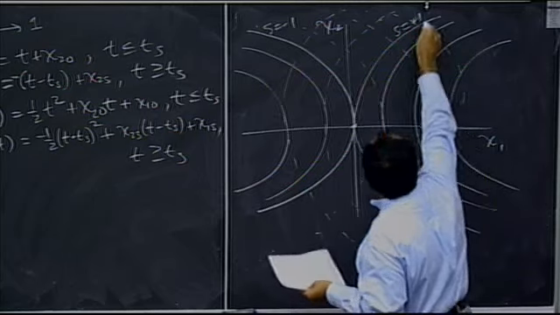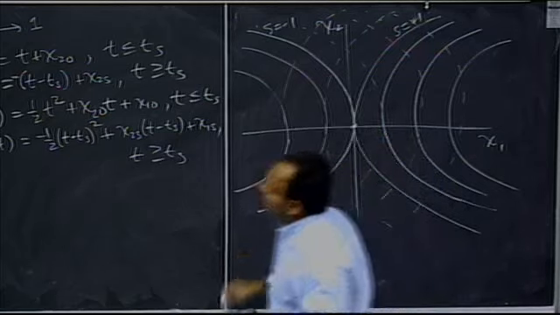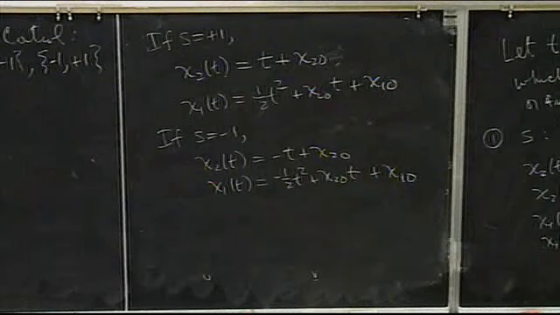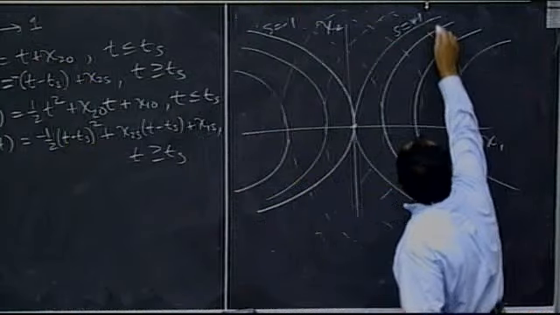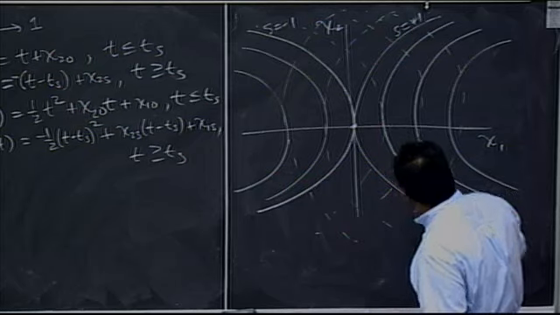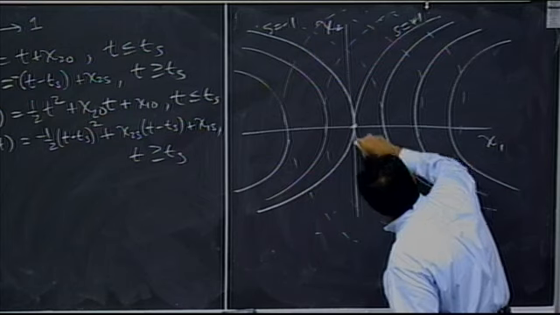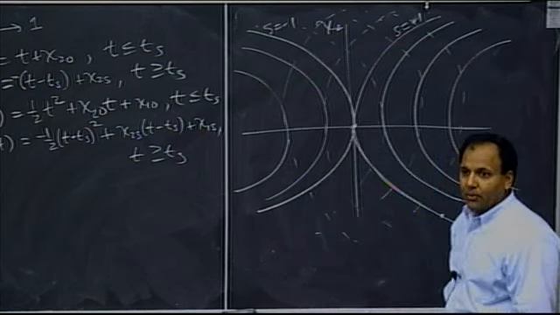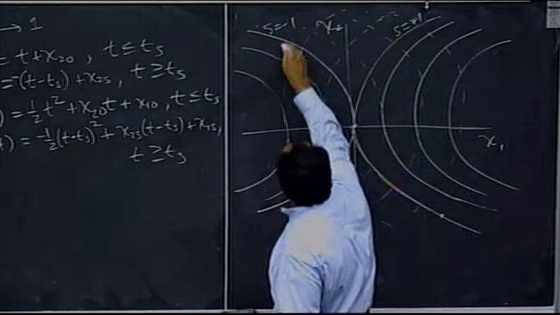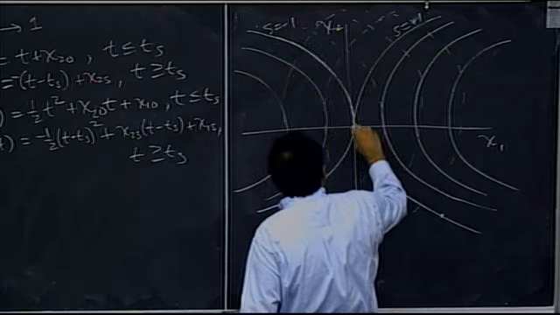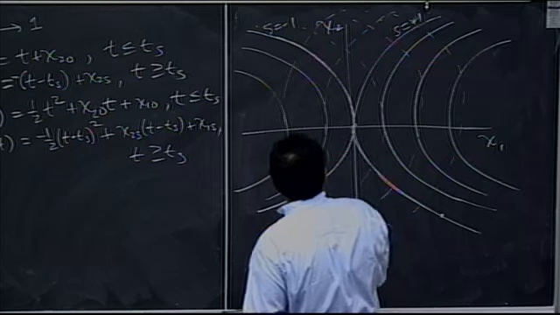This curve here, s equals plus 1, is the curve you're on if you never switch from one control to the other. If you start on this curve where s is equal to plus 1, you will just go straight in to the origin, applying plus 1 the whole time. If you start on the curve negative 1, you will go in to the origin on that curve, and it doesn't make a difference.